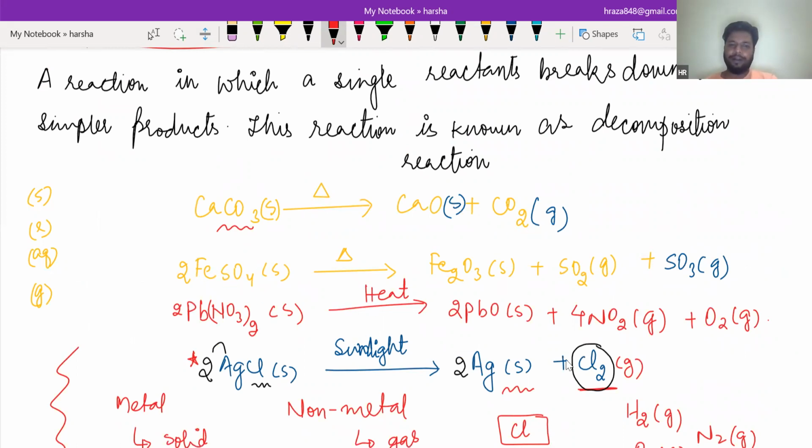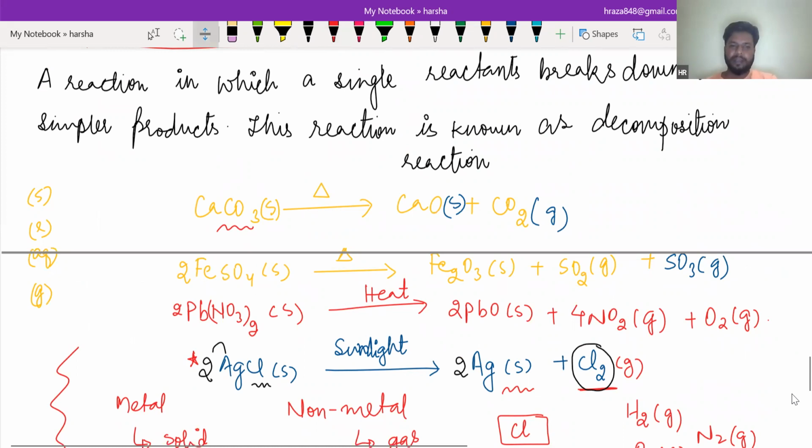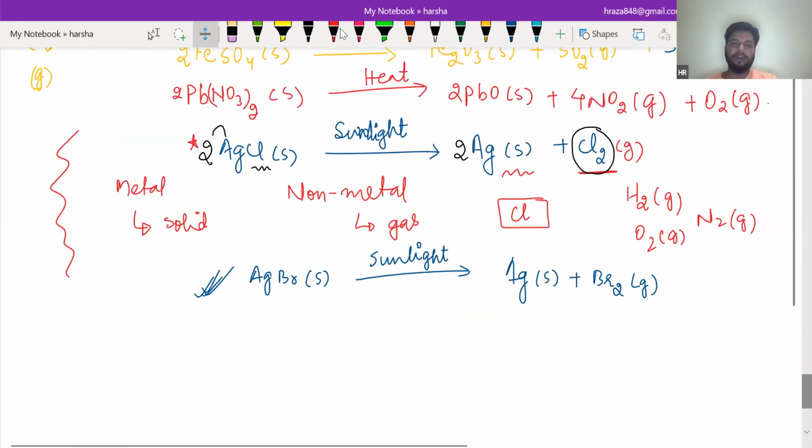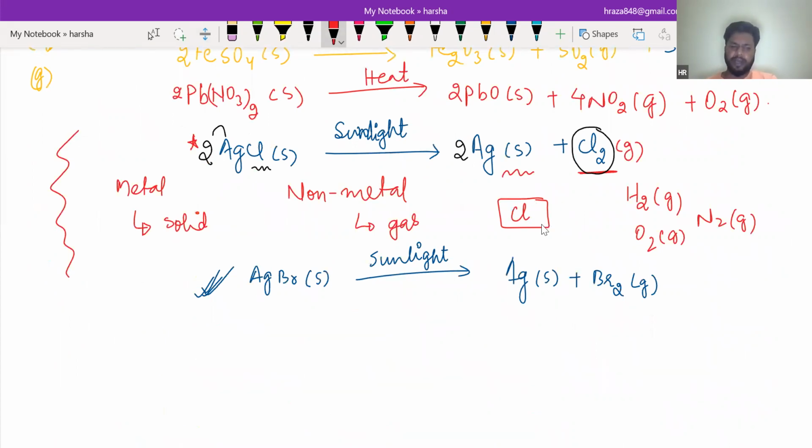Others were FeSO4, ferrous sulfate, lead nitrate, and AgCl, which decomposes in sunlight. When we give heat to AgCl, it is converted into Ag plus Cl2, and we can easily balance it. When we use heat, it is also known as thermal decomposition. Thermal stands for heat.